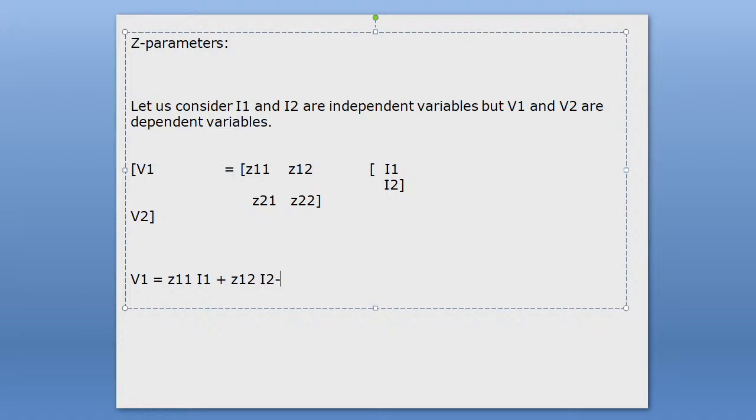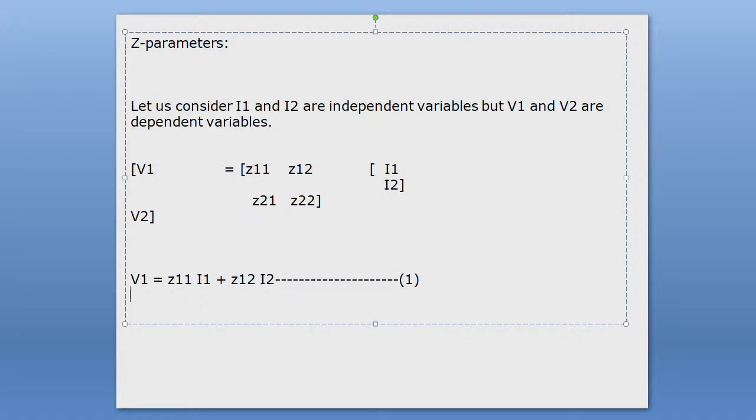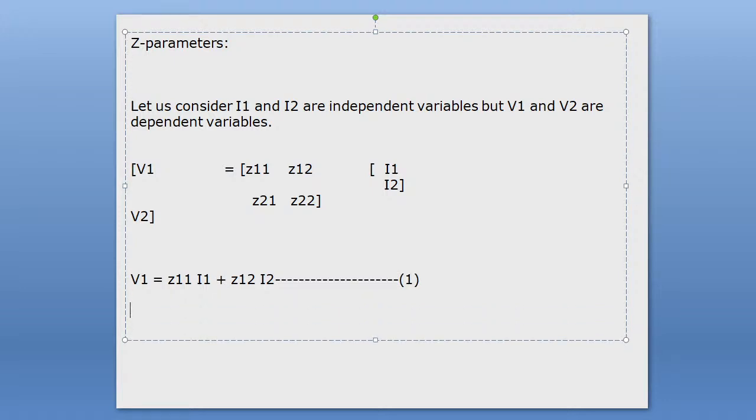This is equation 1. If you have any doubt, write in your chat box. V2 equals Z21 I1 plus Z22 I2. You write the variables in subscript form.